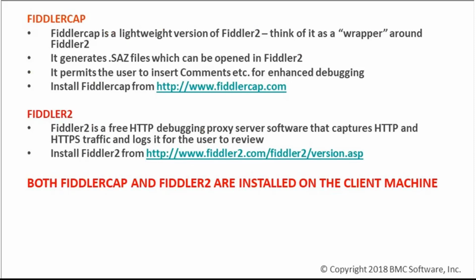Fiddler 2 itself is free HTTP debugging software, and it captures HTTP and HTTPS traffic. You can save that traffic into an archive file and open it up later and do your analysis. Both of these are installed on the client machine, the user's laptop or desktop, as the case may be.